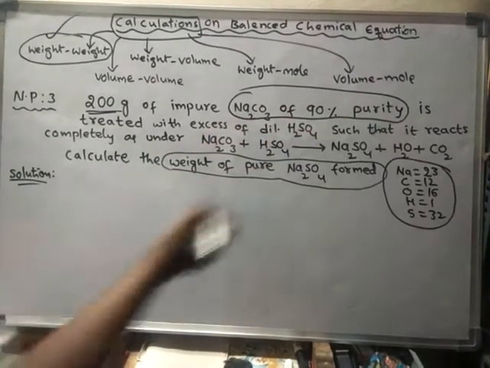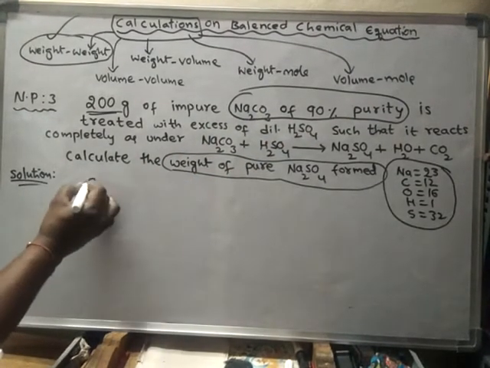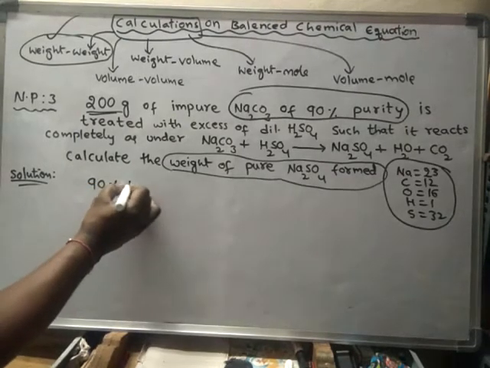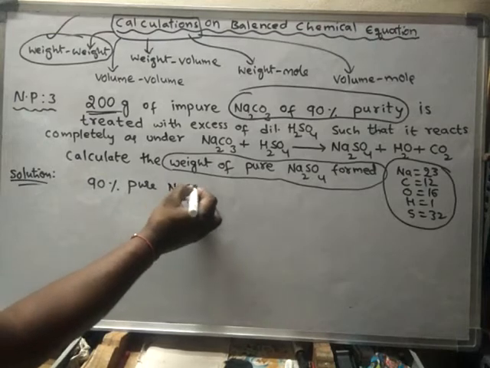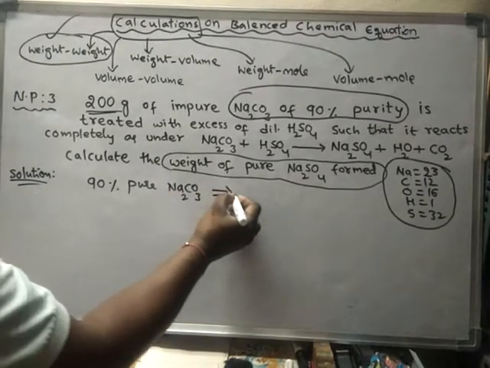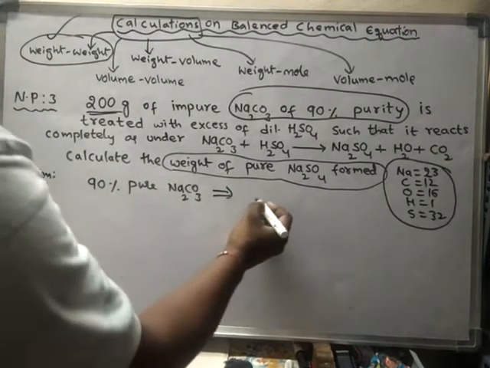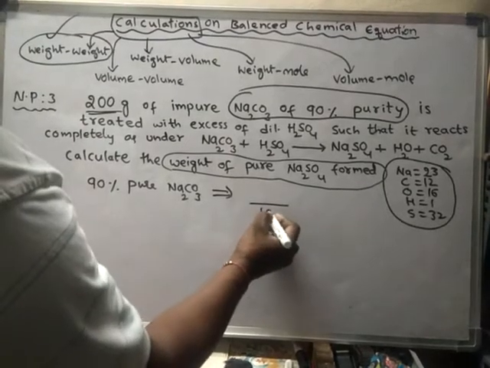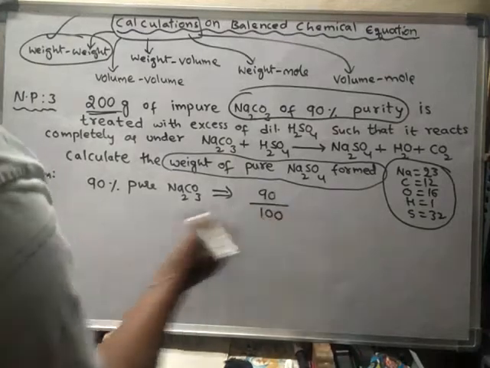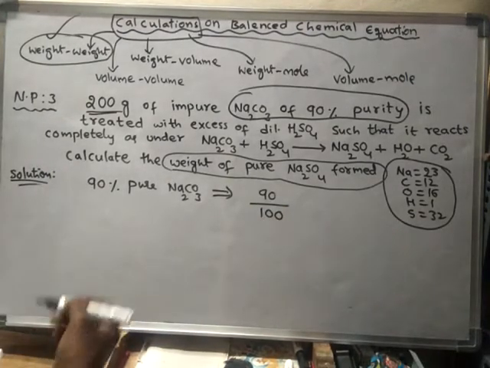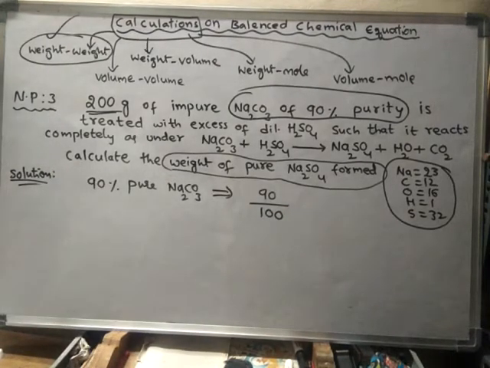What is the meaning of 90% pure Na2CO3? It indicates that if you take 100 grams, only 90 grams will be pure sodium carbonate and 10 grams will be impurity.